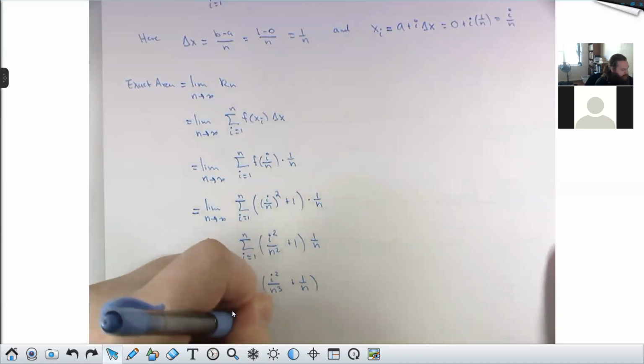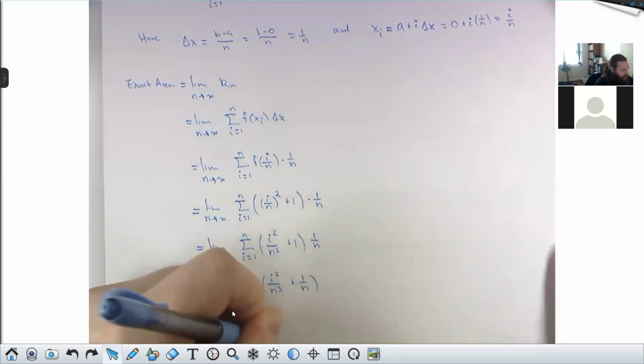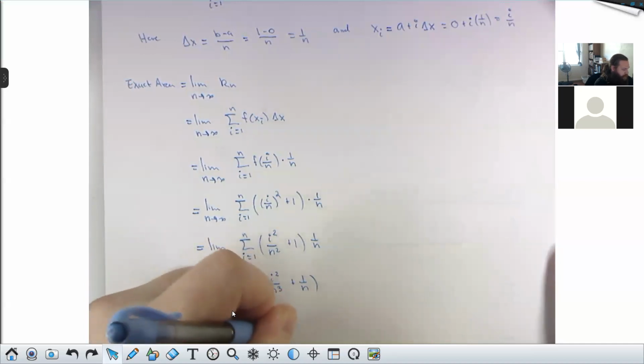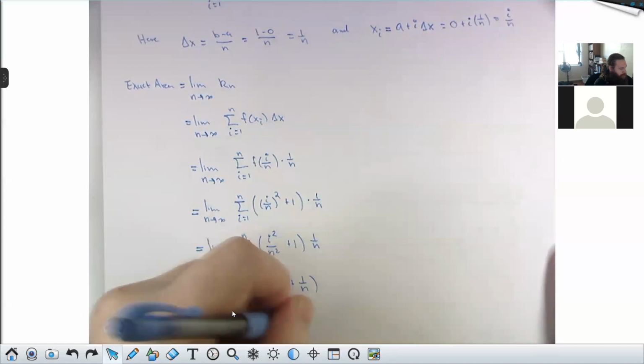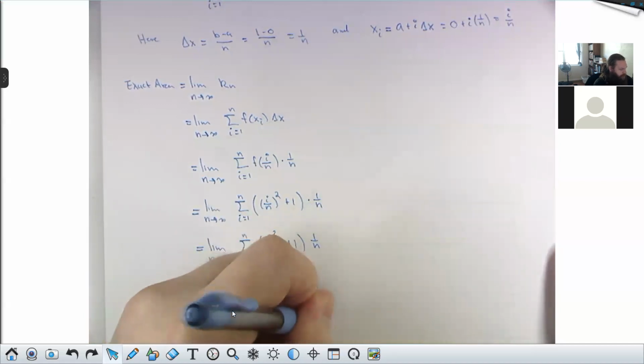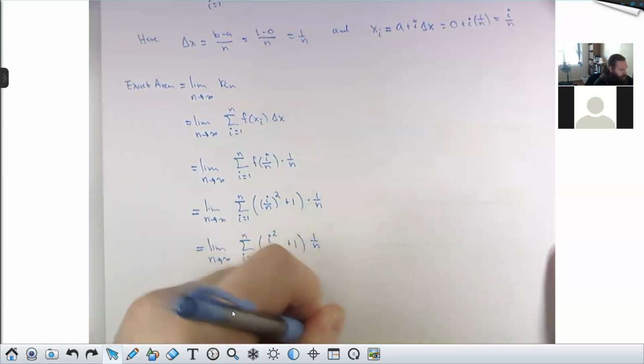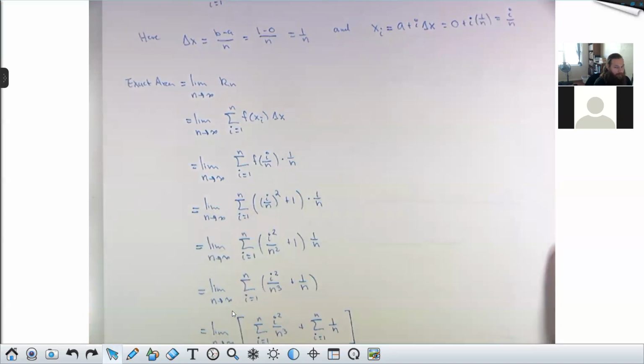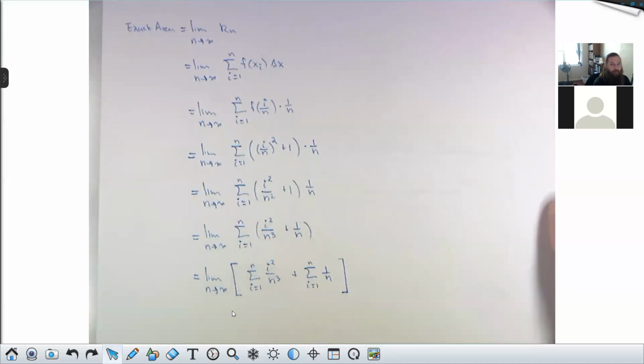And then inside, I'll have sigma i from 1 to n, i squared over n cubed, plus sigma i from 1 to n, 1 over n. Now I know these are quite long, but we need to be brave. We're almost there.